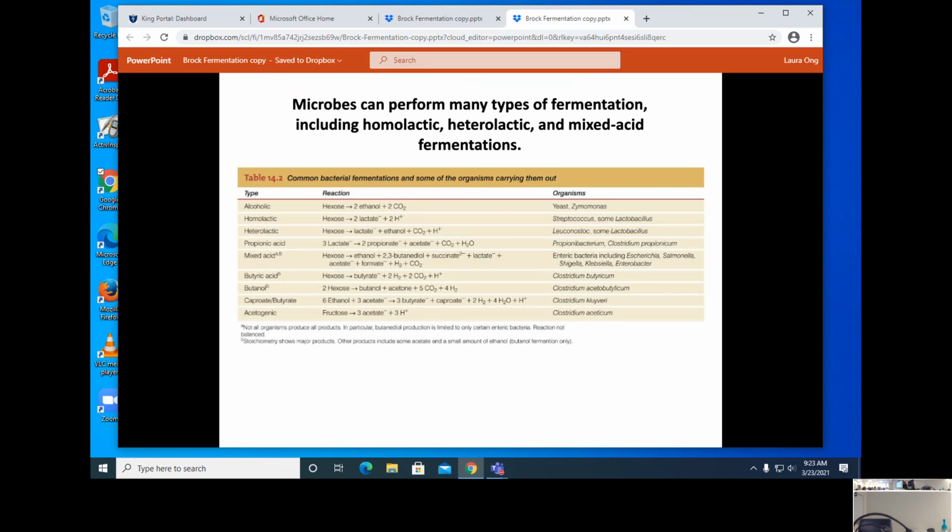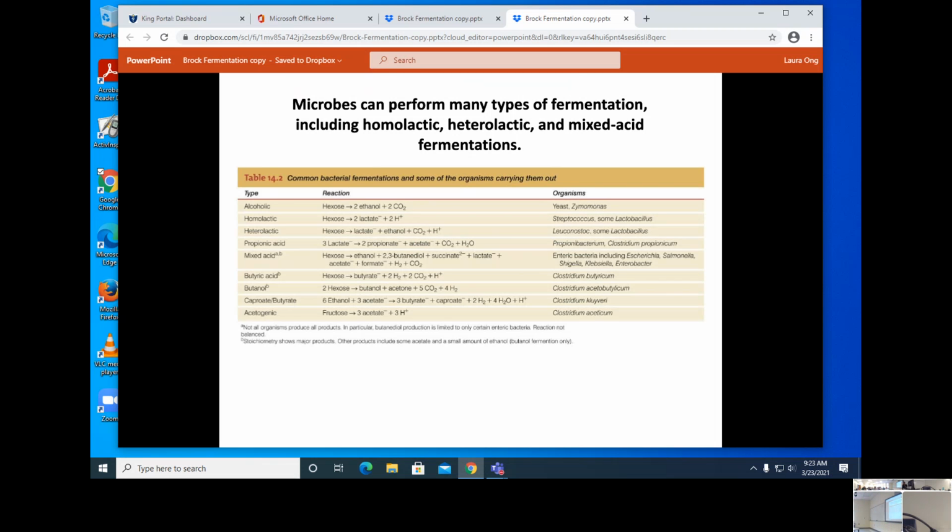So if we say that a microbe does homolactic fermentation of whatever, what that means is that its waste products are essentially lactic acid. So just lactic acid is the waste product.